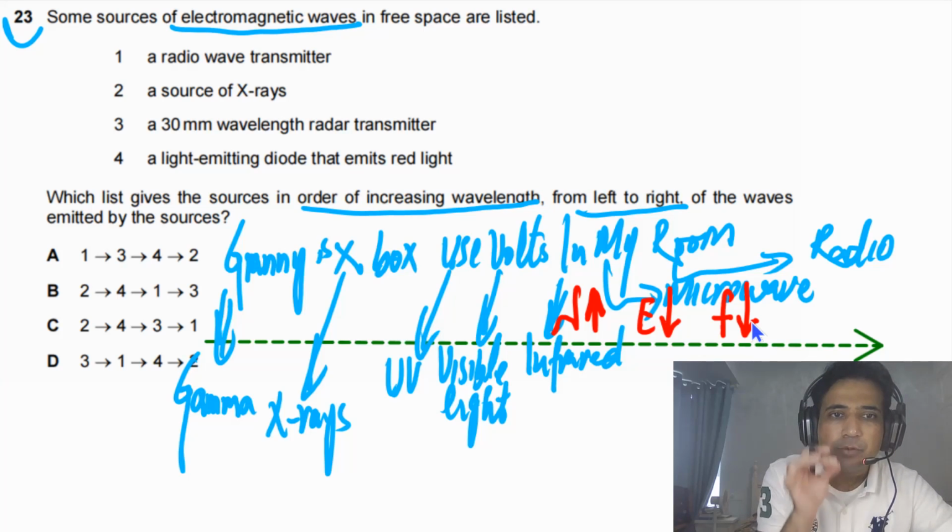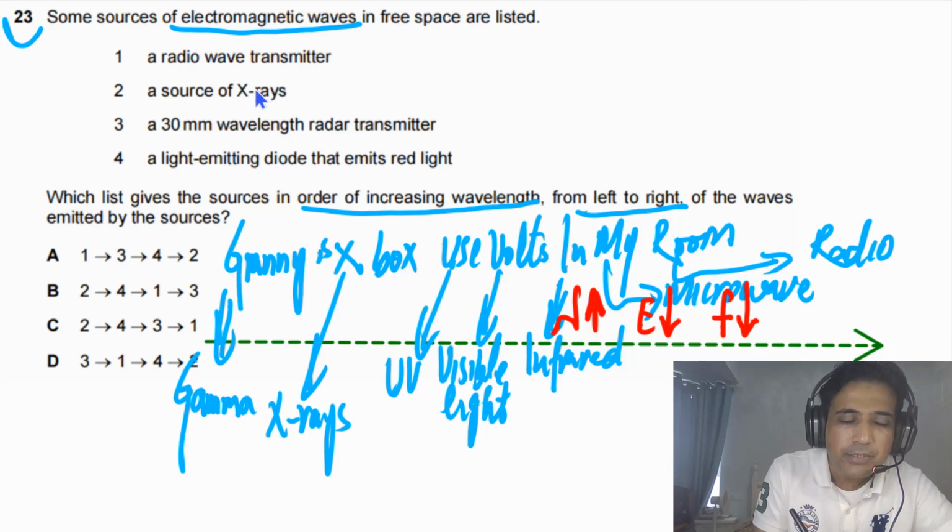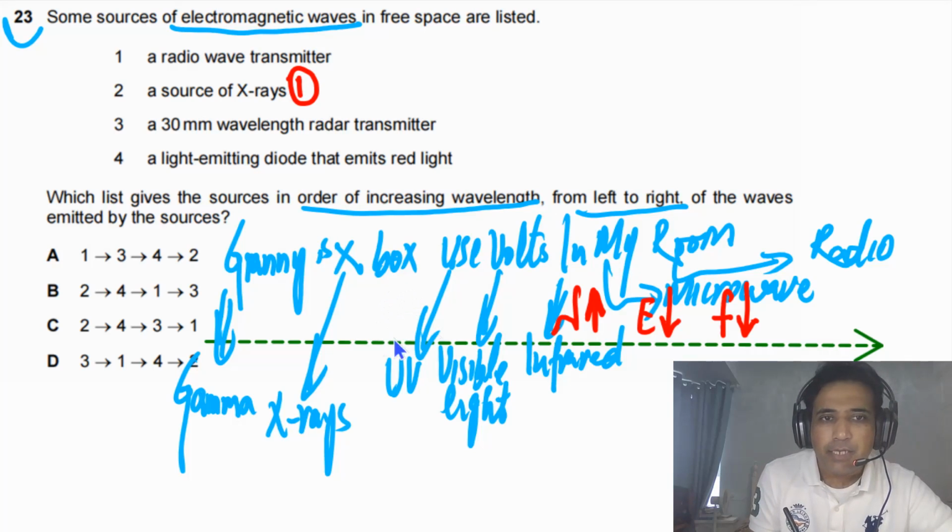So we have to start from the smallest one. In this list we don't have gamma, so the first one has to be X-rays. And the second one, we don't have UV, we have visible light. So the second one has to be visible light.